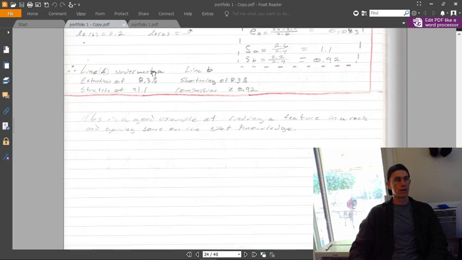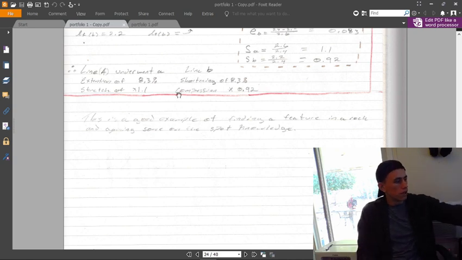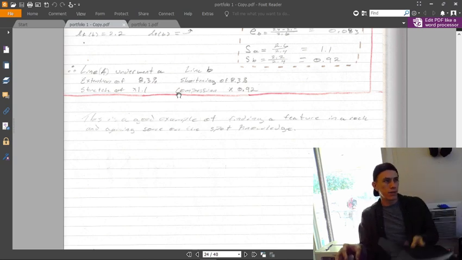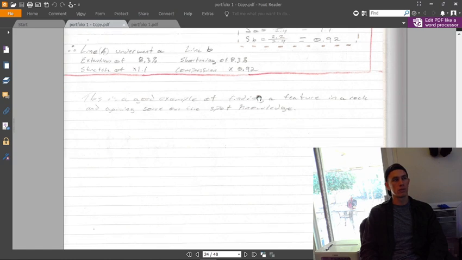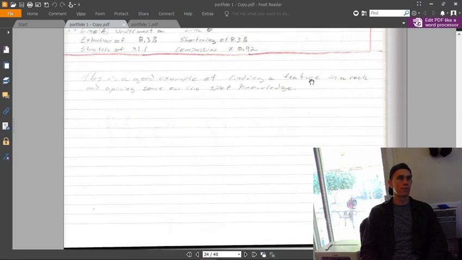And here's the final: line A underwent an extension of 8.3% and a stretch of a factor of 1.1, and line B underwent compression of 0.92 and a shortening of 8.3%. It's a good example of finding a feature in a rock and gauging some on-the-spot knowledge.